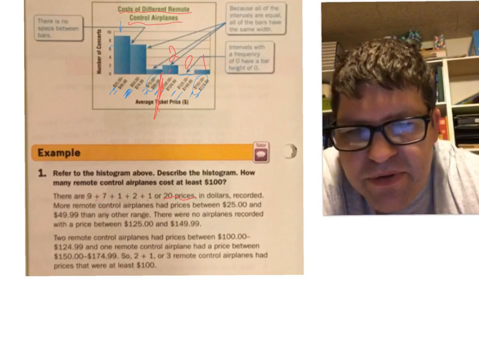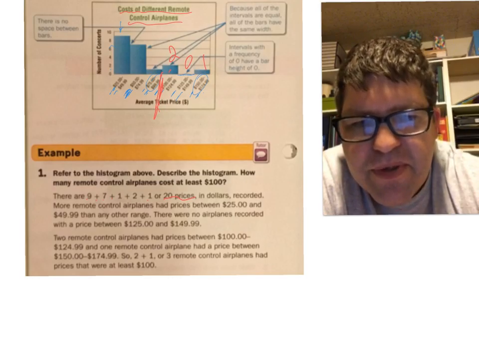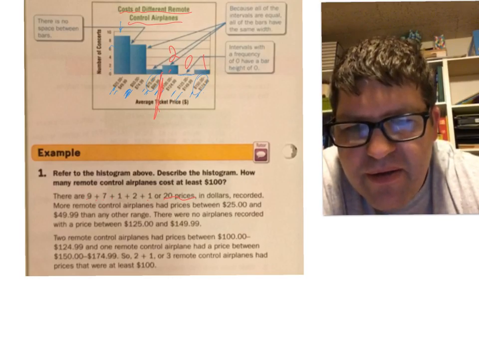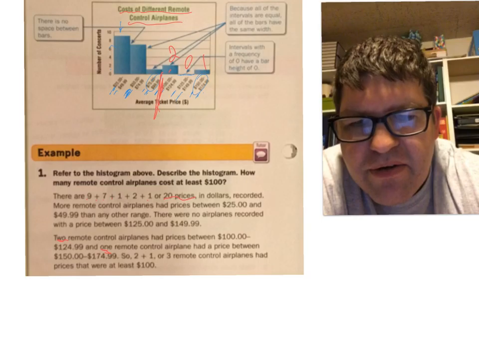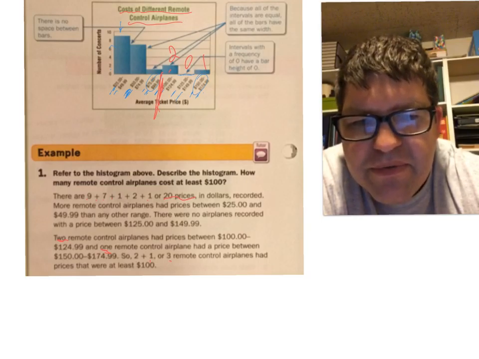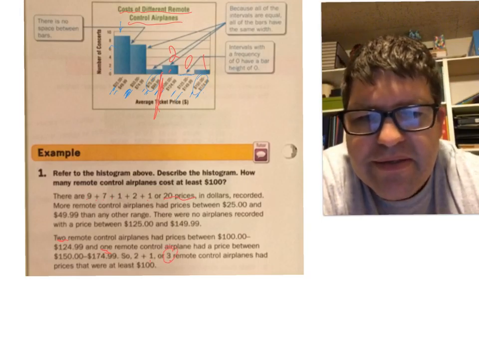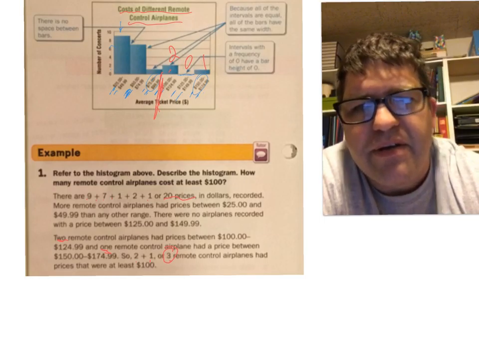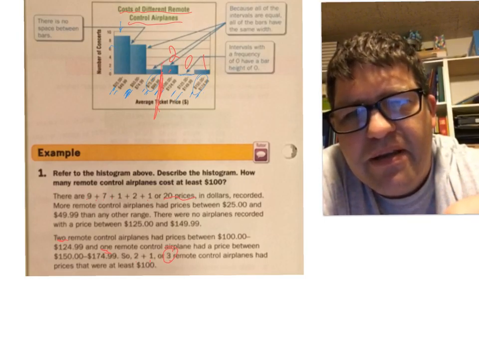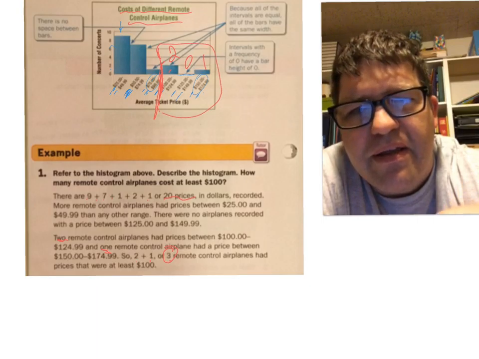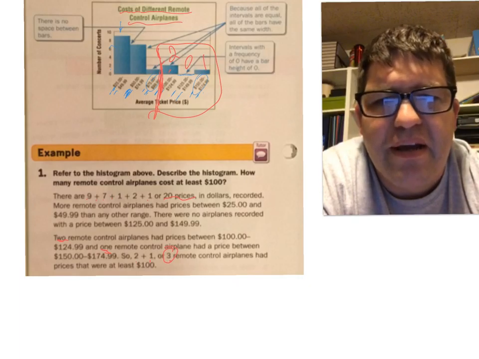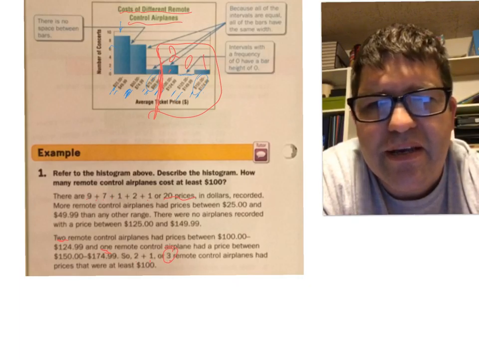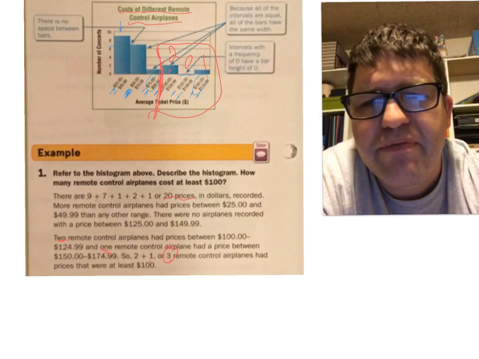Two remote control airplanes had prices between $100 and $124.99, and 1 was between $150 and $174. So 2 plus 1 is 3. Three remote control planes had the price of at least $100. When you have a histogram like this, it's easy to see quickly what you're being asked to find out. You can just look at the data, look at the bar graph, and interpret.